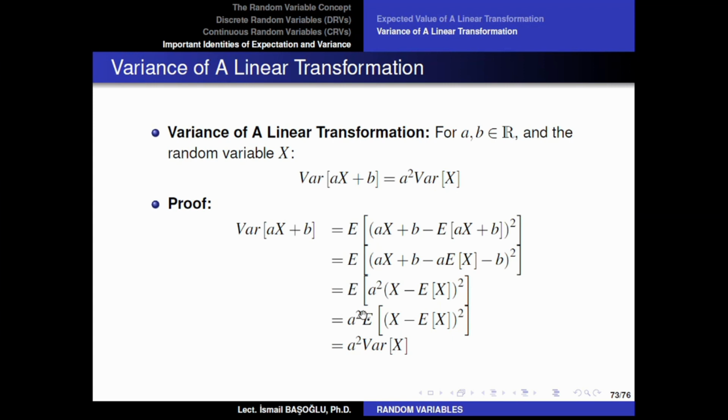And we have a squared times the expectation of the squared deviation of x from its expectation, which is defining the variance of x. So this is a much simpler proof compared to the previous one. As you can see, the variance of a linear transformation is simply equal to a squared times variance of x. So only the multiplier gets out of the variance as squared. If the multiplier is negative, then when you square it, it is going to become positive. So you need to be careful about this. Why? Because the variance of a random variable can never be negative.